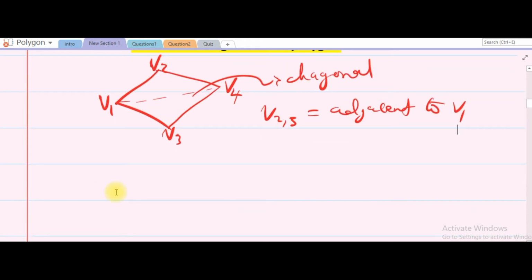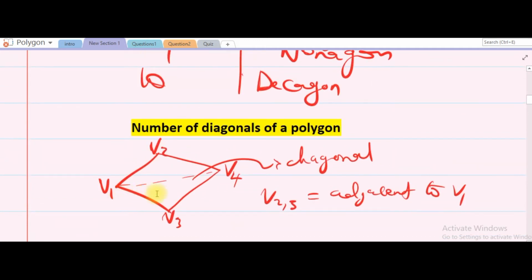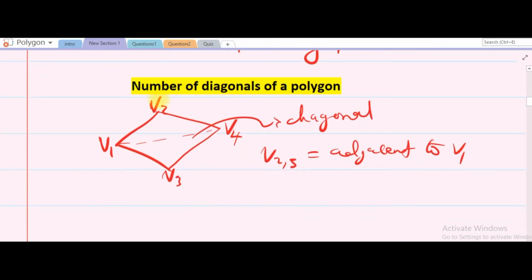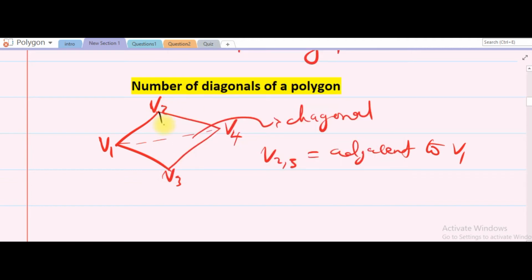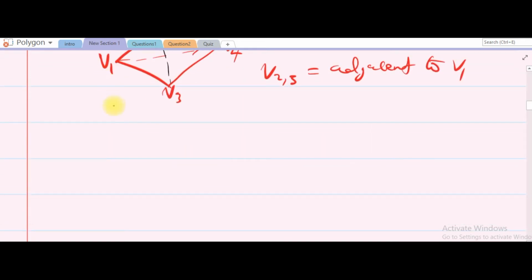So here we can now derive an expression for the number of diagonals of a polygon. For this one, we have two diagonals. This is the first diagonal, and this is the second. So we have two diagonals in a quadrilateral. Now this is a pentagon.